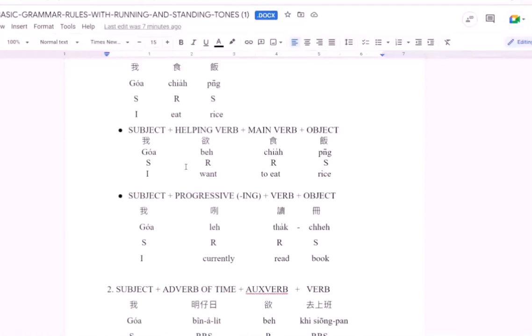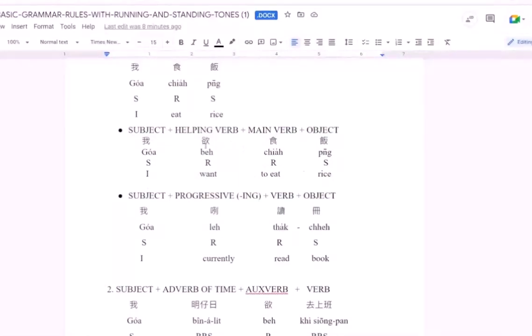However, be, even if it's running here, the tone doesn't change because of the tone rule on how tone 4 works. Tone 4 does not change. If it's a glottal, a stop, then it will just be high flat. So that's why it sounds the same here, even though it's technically still a running tone.